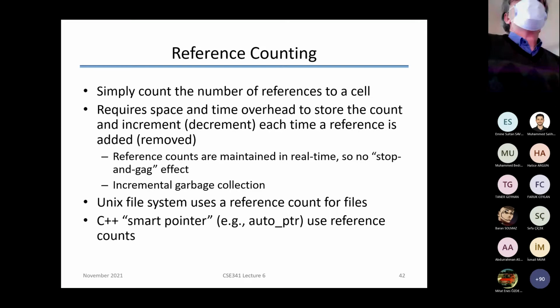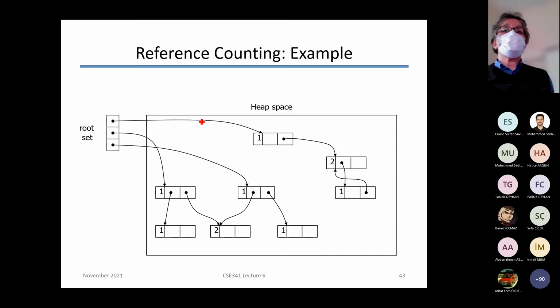When you have a cell in your heap, you have a reference counter saying how many people are referencing this cell. Here you see that this one is referenced twice, because one is here and one is here. This one is referenced only once, by a root. This one is referenced twice, by another live cell here and hopefully another live cell here. So this is just a simple thing.